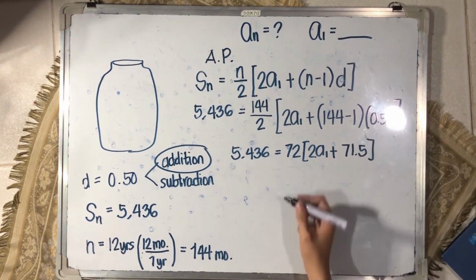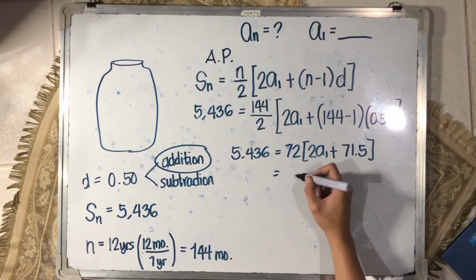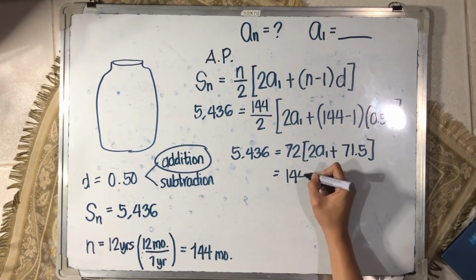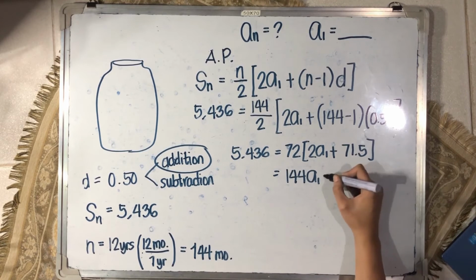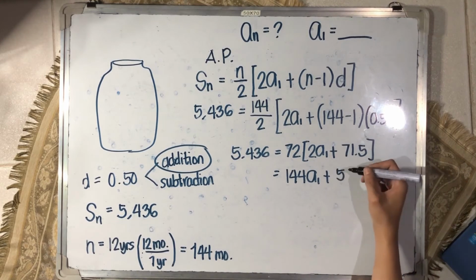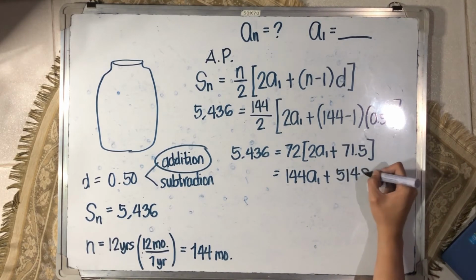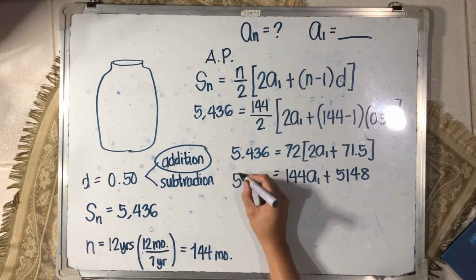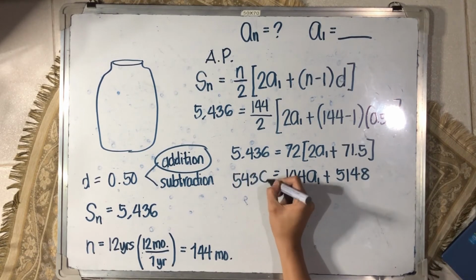Okay. So, let's simplify this even further. This would be 144a sub 1 plus 72 times 71.5 would give us 5,148. And that should sum up to 5,436.